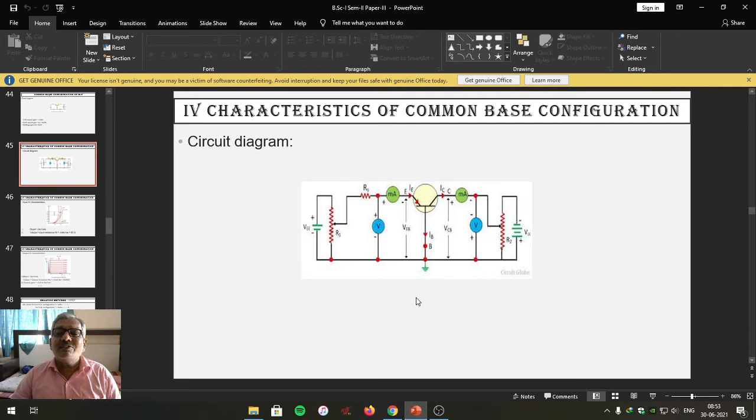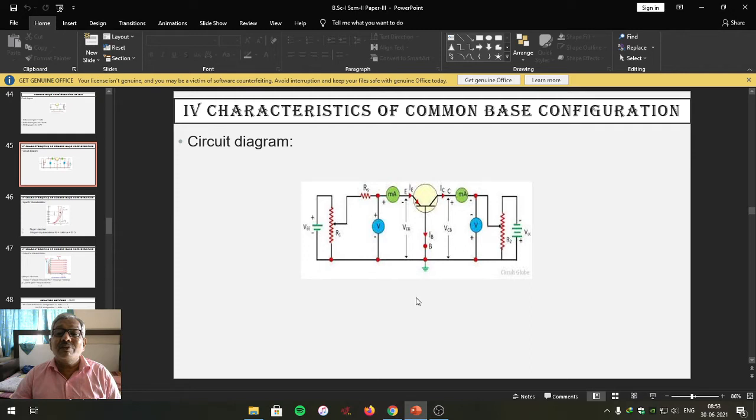Another IV characteristics which we are required to obtain are called the output IV characteristics. By definition, it is the graph of output current versus output voltage when input current is constant.